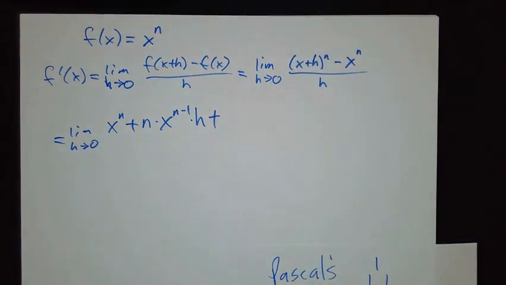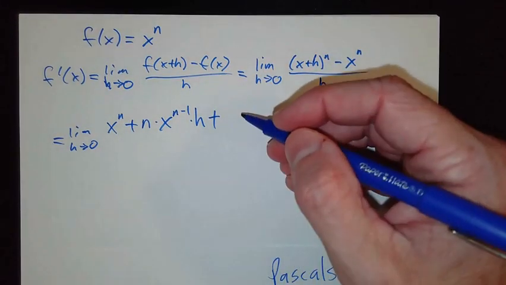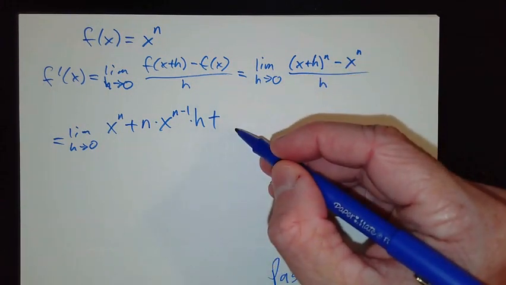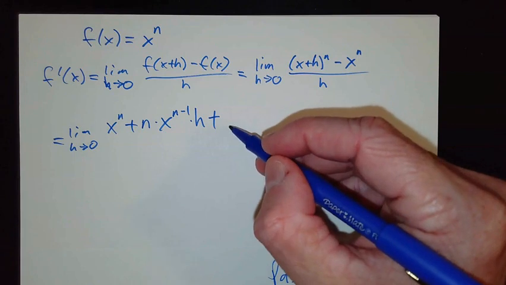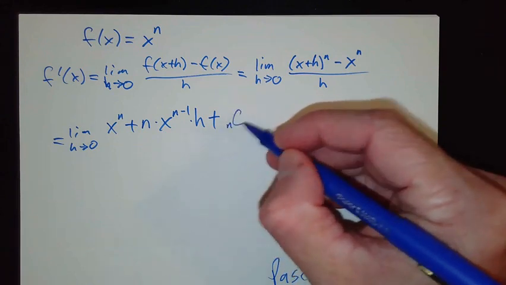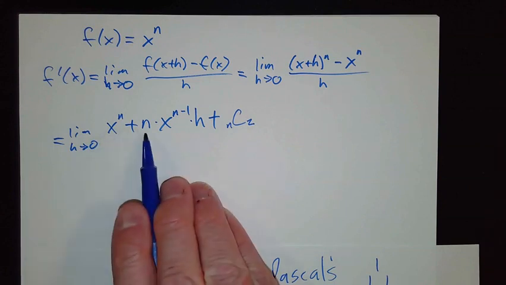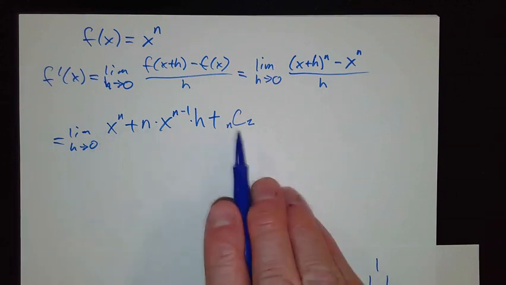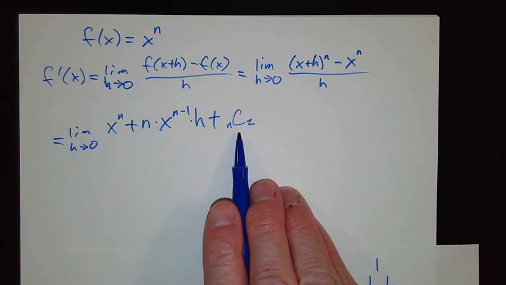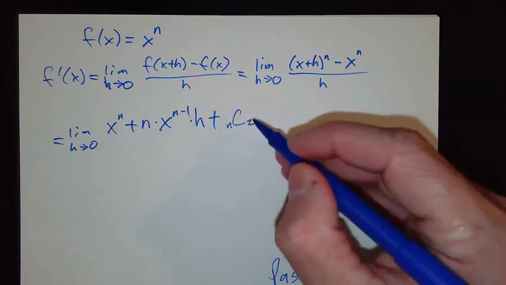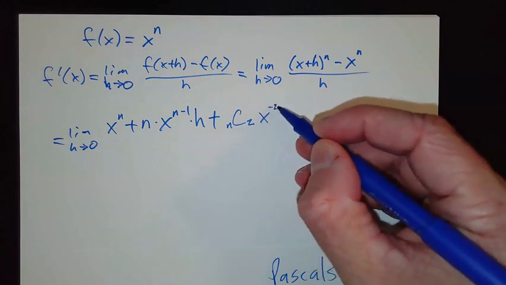and then my next term. Now my next term, again, this isn't going to be a huge deal, but this coefficient that we're missing here, in terms of n, it's a combination. It turns out to be n choose 2. 1 is n choose 0. n is n choose 1. This coefficient is n choose 2. And now my powers of x, I've got x to the n minus 1, x to the n minus 2.